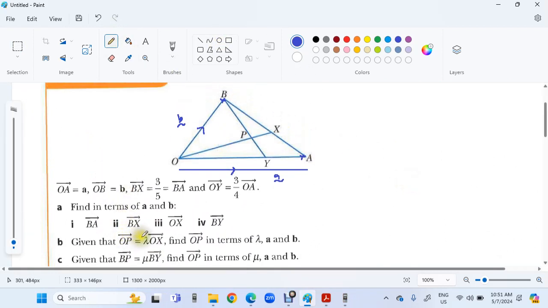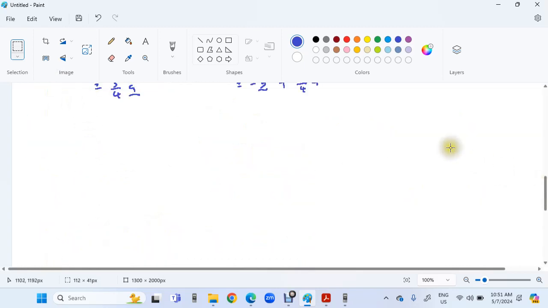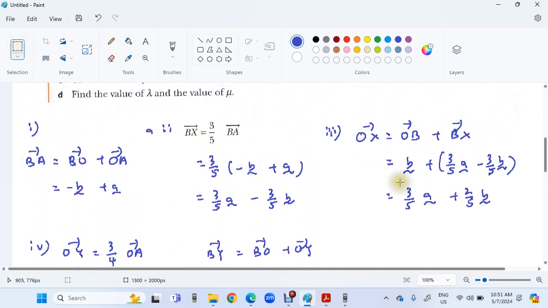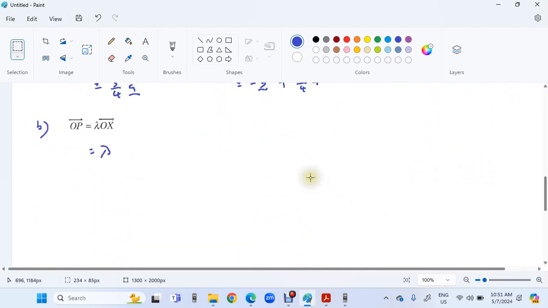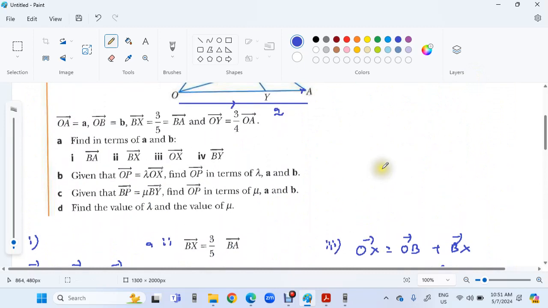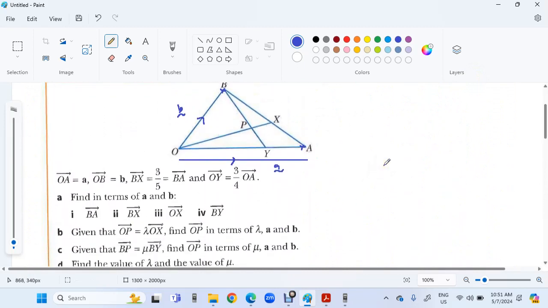So we go to part B. It's given that OP is lambda OX. OX is number 3 there, so OP equals lambda OX, which is lambda times 3 over 5 A plus 2 over 5 B. And then for part C, it said that BP is mu BY.